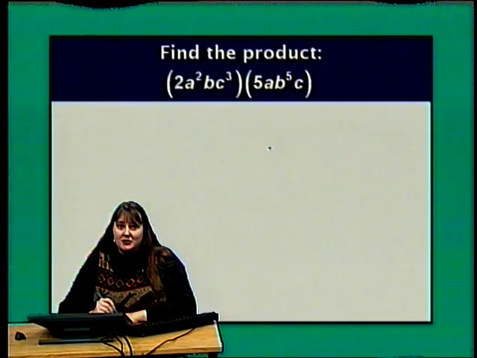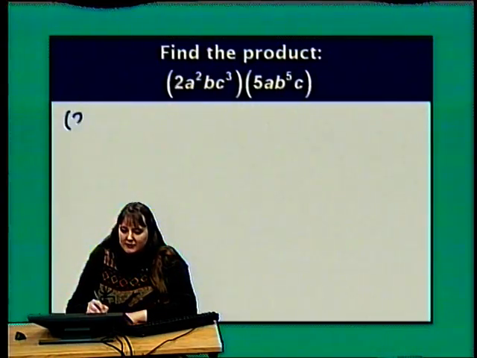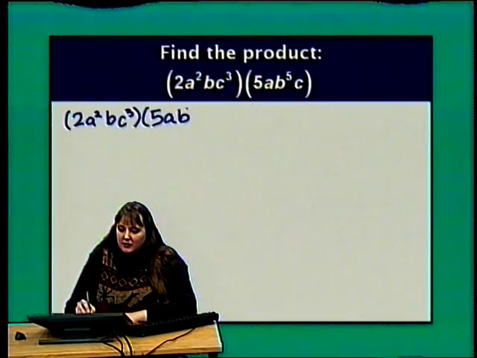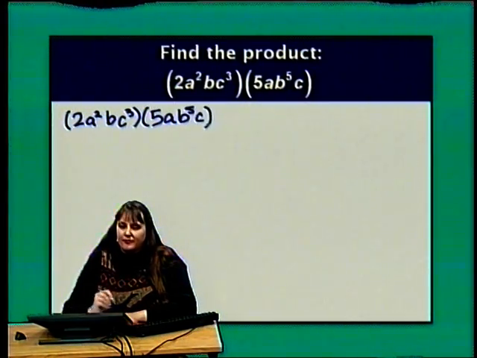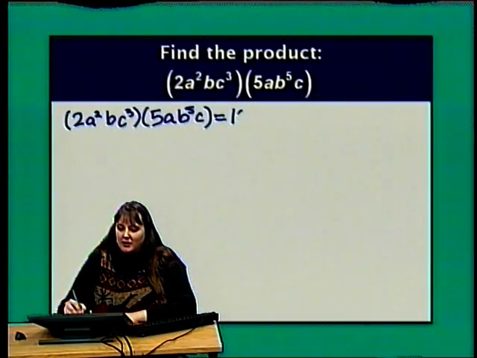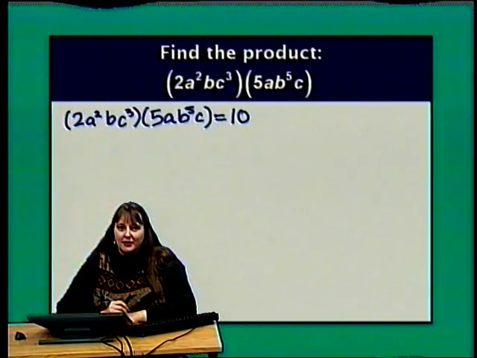Now let's multiply these two monomials. I have 2a squared b c cubed, and I'm going to multiply by 5, a, b to the fifth, c. This time I'm going to do the multiplication in my head. Looking at the coefficients, 2 and 5, I know 2 times 5 is 10, so the coefficient of the product is 10.